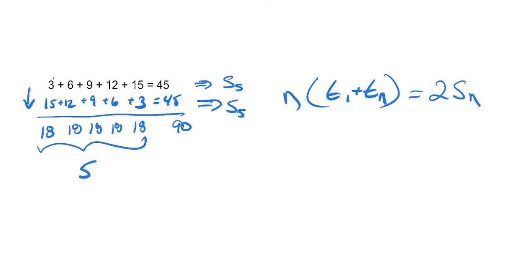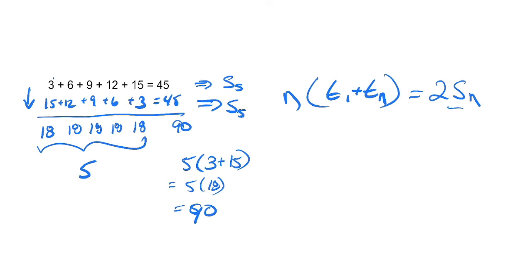So in this case, I'm going to take 5 times 3 plus 15, and that's going to be 5 times 18, and we can see that's going to be 90.